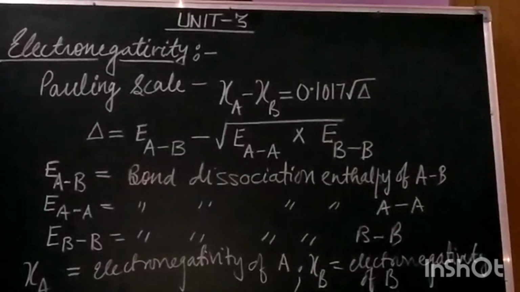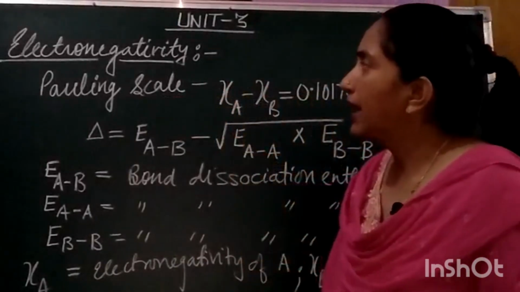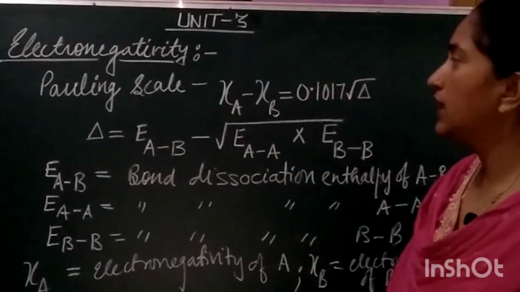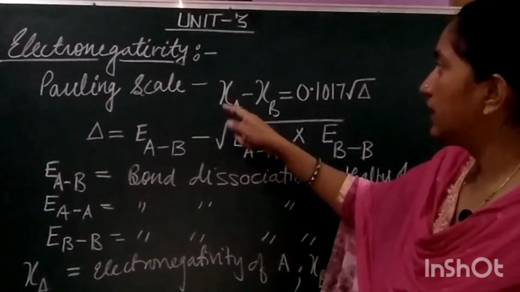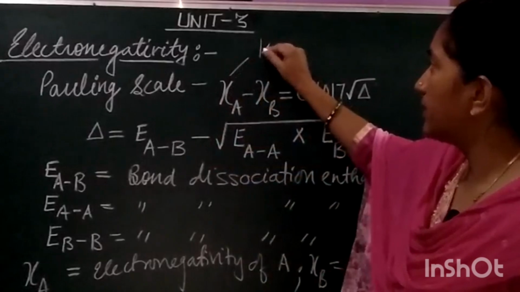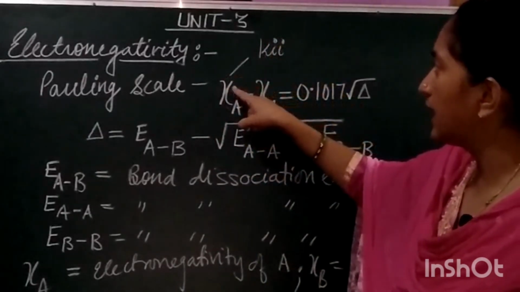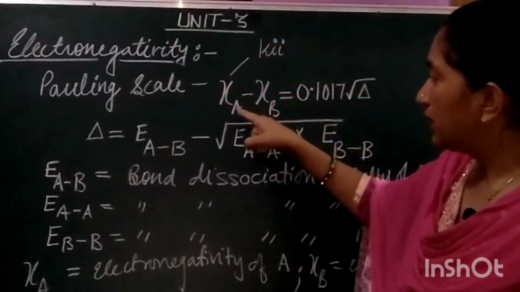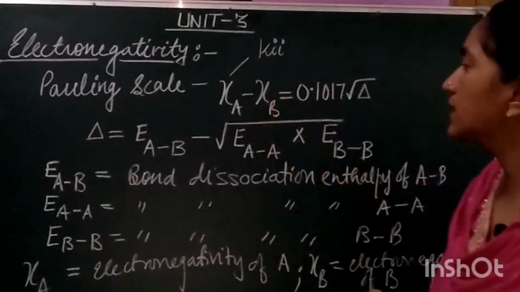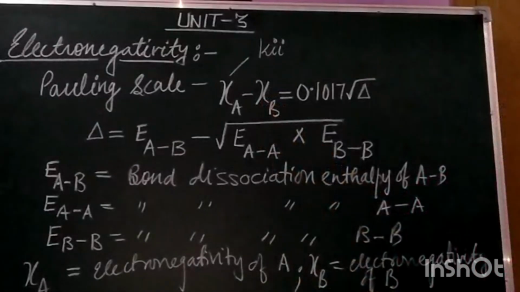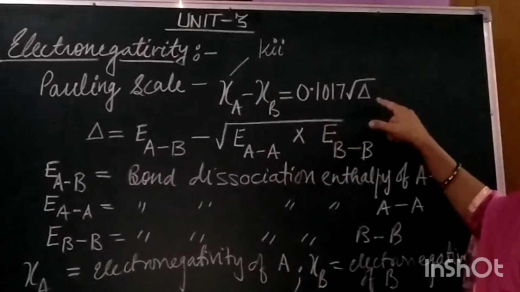Now students, here we are going to see the Pauling scale formula for determining the electronegativity of elements A and B. The symbol here appears like X, but I'm going to pronounce it as chi. Now chi A minus chi B, the electronegativity difference between elements A and B, is equal to 0.1017 under root delta.